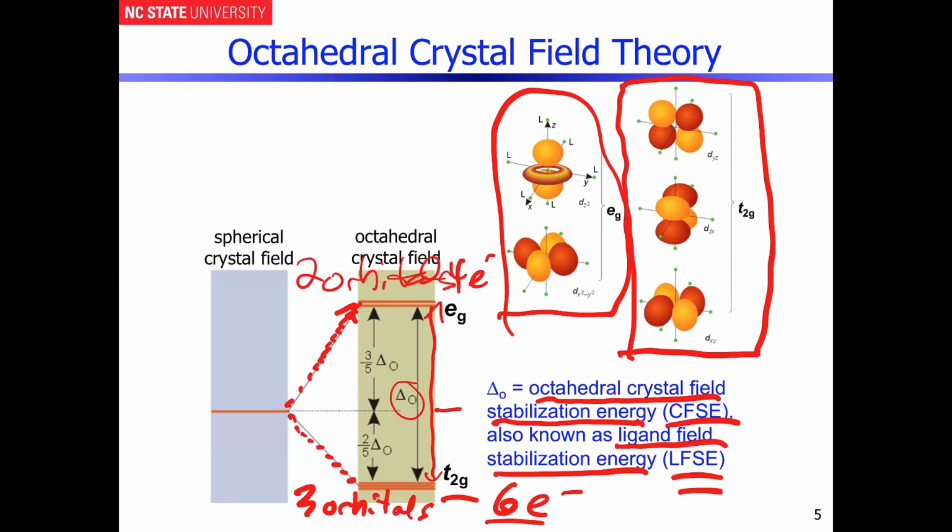From that you can get the energy separations that make sure we are conserving energy. If you come down with 3 orbitals, that's going to be 2/5 del O, and then if you go up in energy with 2 orbitals, that's going to be 3/5 del O, to maintain conservation of energy with respect to the starting point of that spherical crystal field.